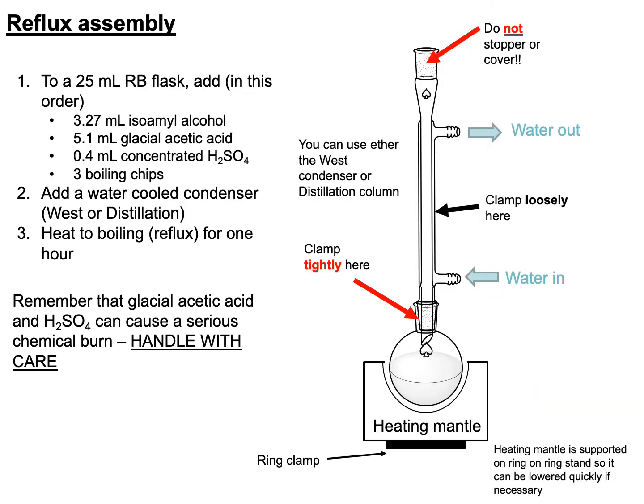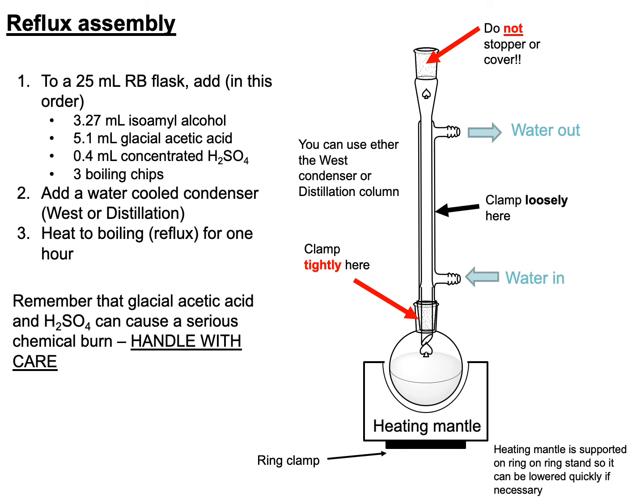Here is the assembly of the experiment. First, we add 3.27 milliliters of isoamyl alcohol to a 25 milliliter round bottom flask, and then we are going to add glacial acetic acid, and then we add sulfuric acid, using 8 drops of the sulfuric acid.